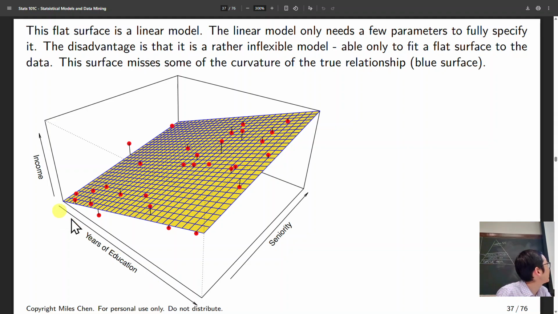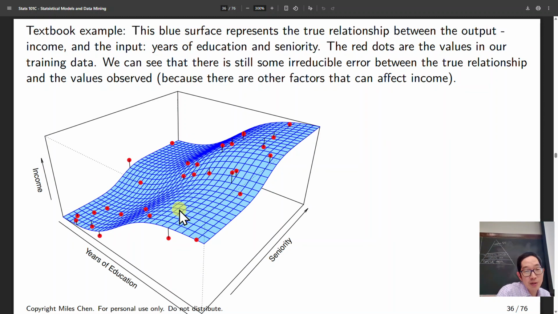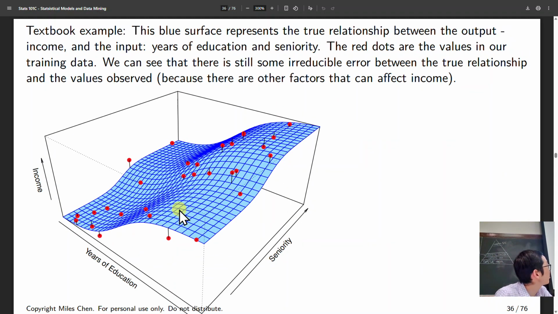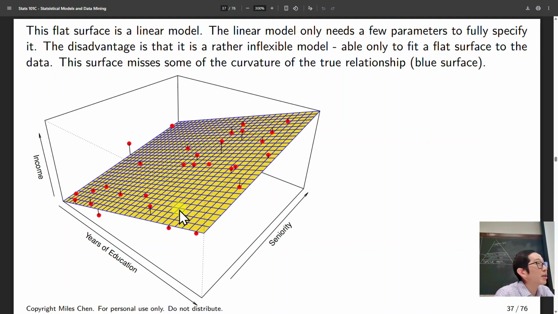If you just look along this axis, it's just a straight line, okay? Seniority, there's also just kind of a straight, flat surface, okay? And so, how well does this do in terms of fitting the original thing? It does okay, but it's not a perfect representation, right? This is the true relationship, and this is our approximation using a linear model, okay? And so some of our residuals are bigger, and that's what we have there, okay?